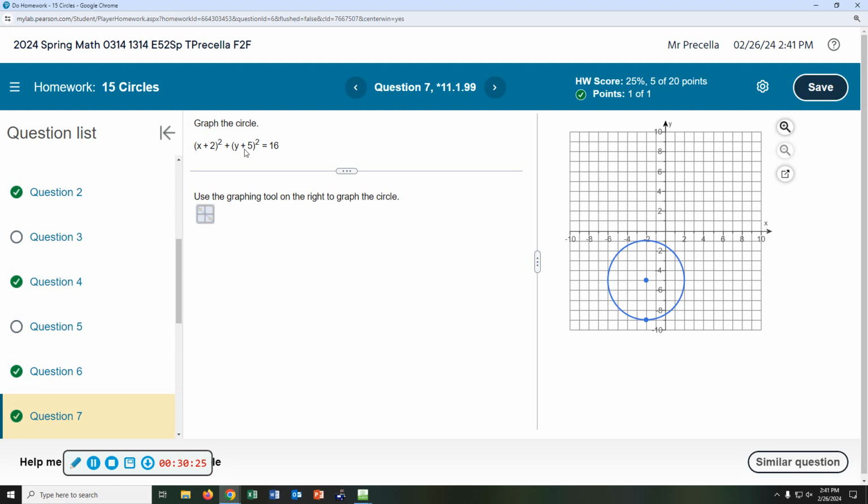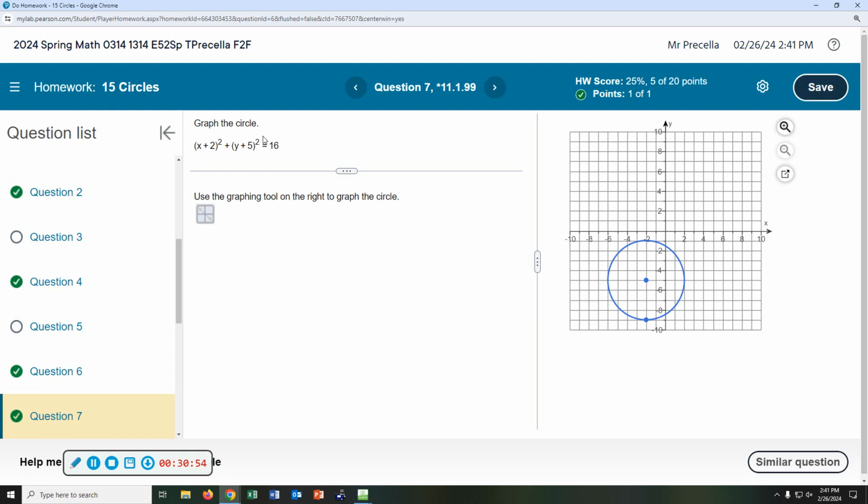As long as the circle is written in center radius form, it's easy to determine the center and the radius. Change sign, take the square root. Well, suppose someone decided to go through and remove the parentheses.